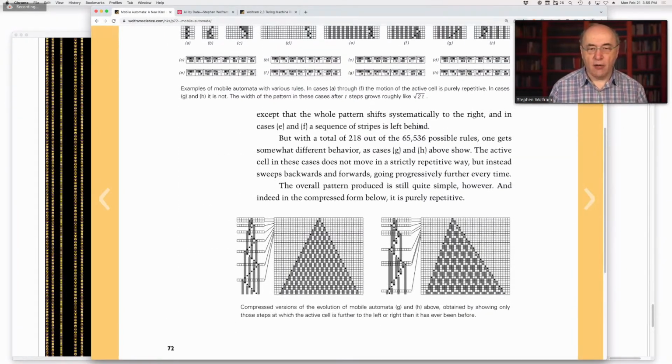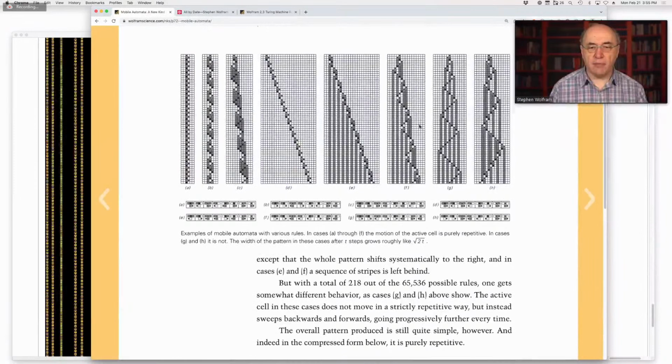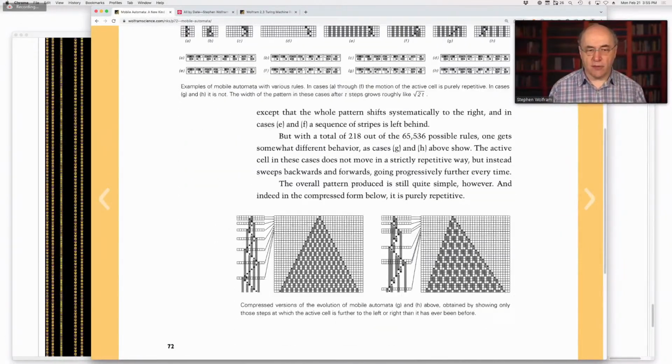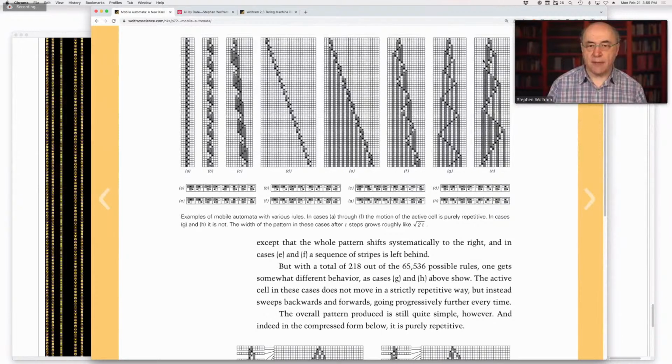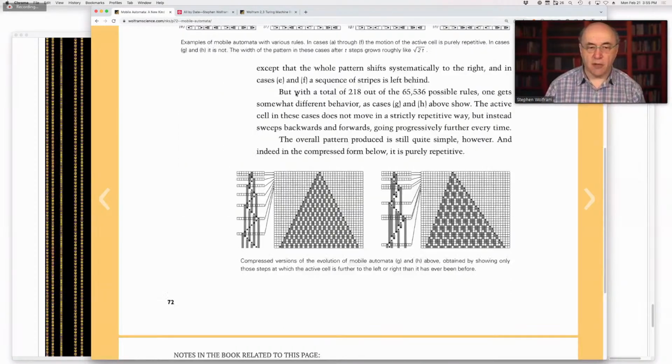But okay, how can you compare mobile automata and cellular automata? Well, one obvious thing to do is to make a compressed evolution for a mobile automaton, where instead of looking at all the different steps, I only look at those steps where the head has gone further to the left or right than it's ever been before. So we're doing this compression, and then we're getting something which looks a lot more like a cellular automaton pattern.